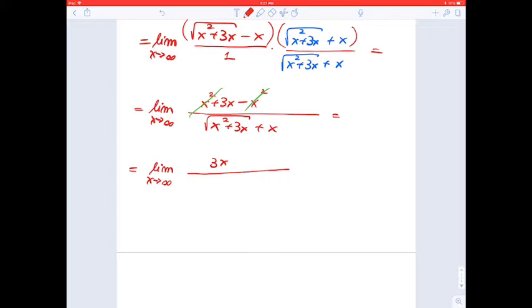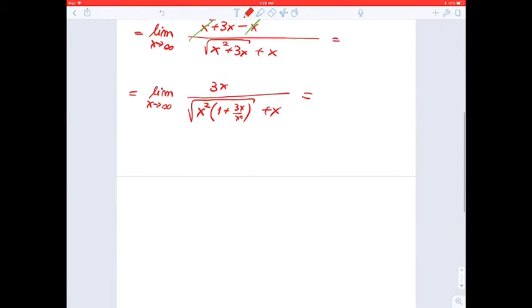I have 3x here. I will factor out x squared, the leading function, from the expression under the square root, and I will have 1 plus 3x over x squared.